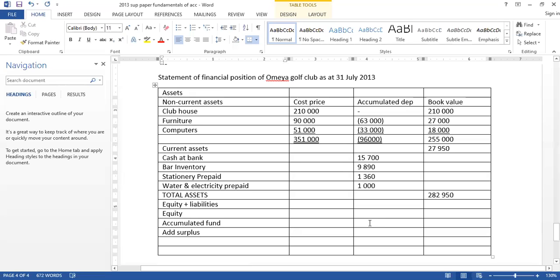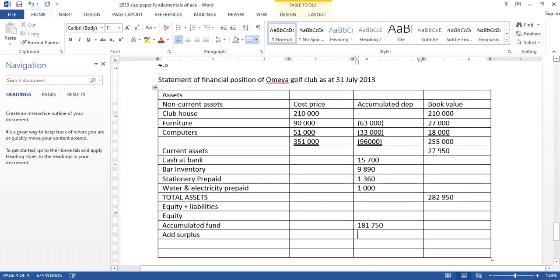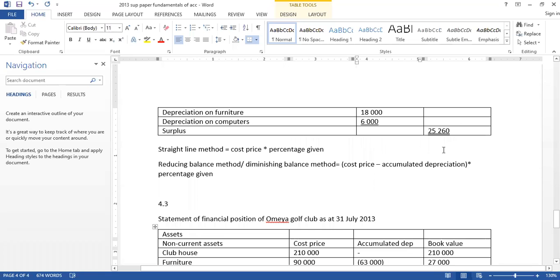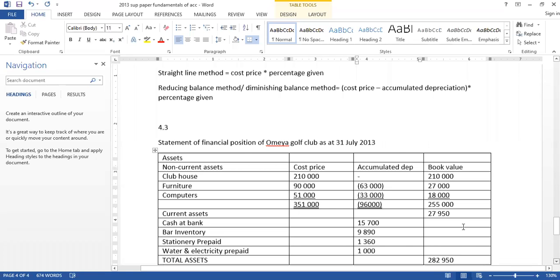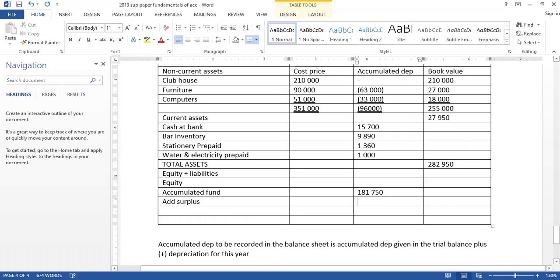So how much is our accumulated fund? We are told that our accumulated fund is 181,750. And then you add our surplus that we got. Our surplus is 25,260. I just hope we balance.